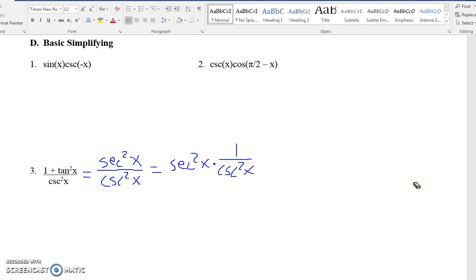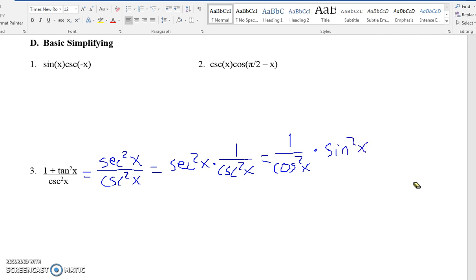And from there, if we just do our basic substitutions, secant is 1 over cosine. So that means secant squared is 1 over cosine squared. And 1 over cosecant is just sine, so 1 over cosecant squared is sine squared.